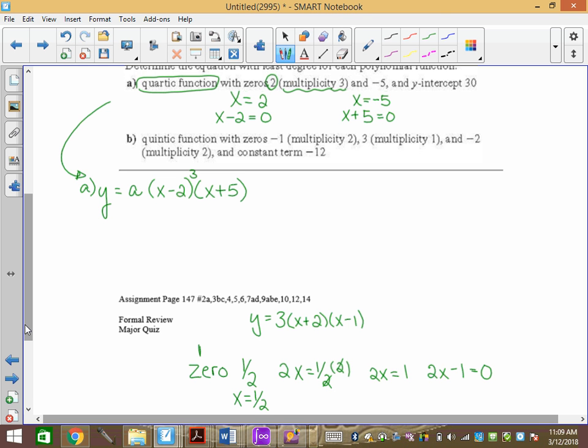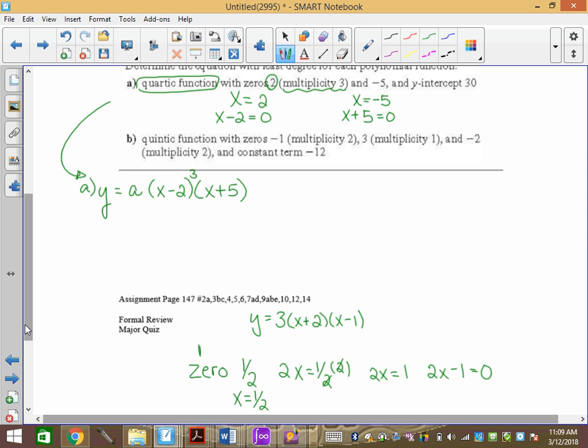No. But that 3 does affect your y-intercept, because you're going to take 3 times 2 times negative 1, and you tell me my y-intercept's at negative 6, correct? So if your coefficient in front changes and it isn't 1, it will affect your y-intercepts, but it won't affect your x-intercepts, correct?